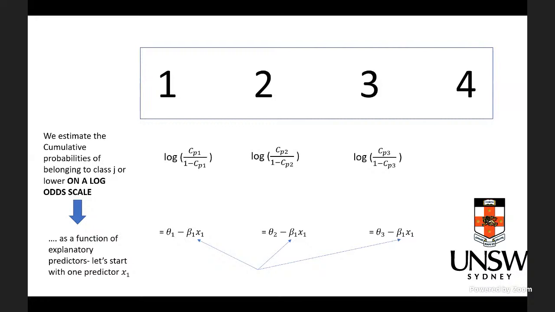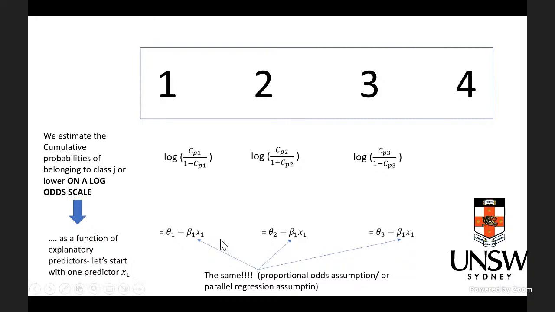Now is where it gets complicated. We've got 3 equations, but we're still only estimating 1 regression slope, beta1. So these are the same. And that's the really important and powerful assumption of the cumulative link model.